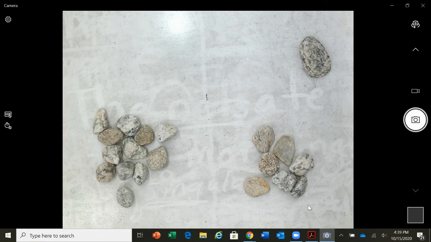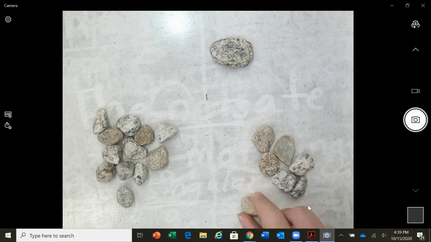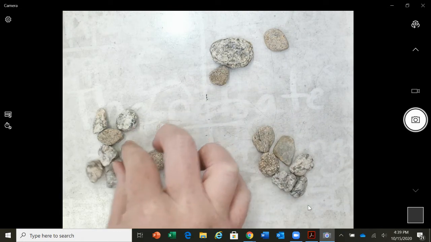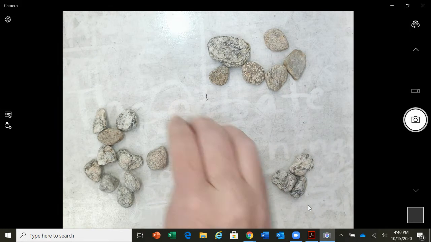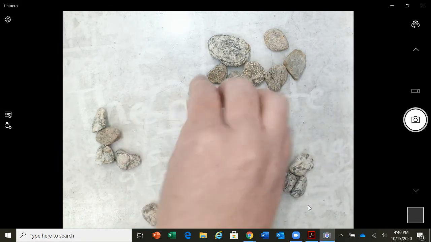I can also sort by shape. So this rock is flat. I could sort them by the ones that are flat and the ones that are more roundish. This one's flat, flat.